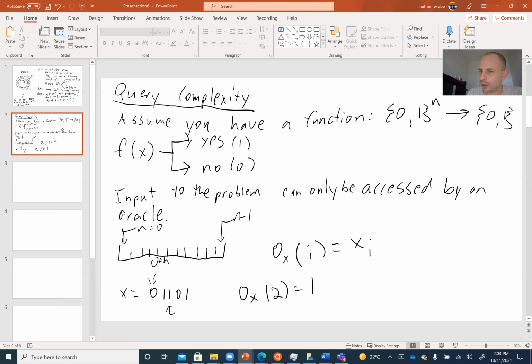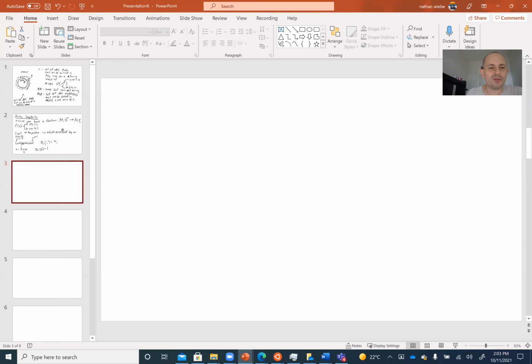And so there's a lot of things that we can end up saying about query complexity pretty easily that are difficult for us to talk about more broadly. So in particular, here's an example. Let's take a look at a function called parity.